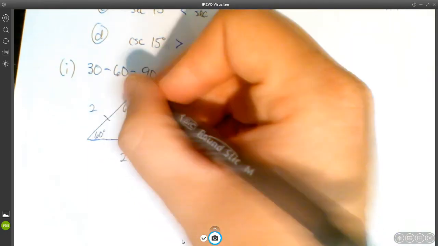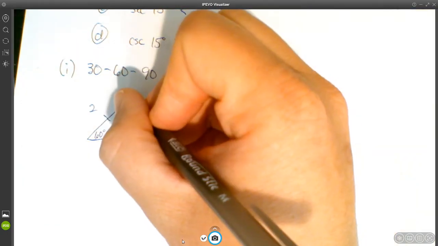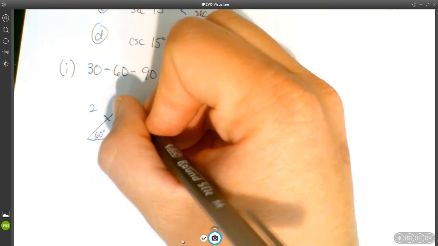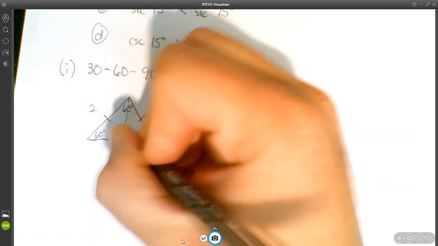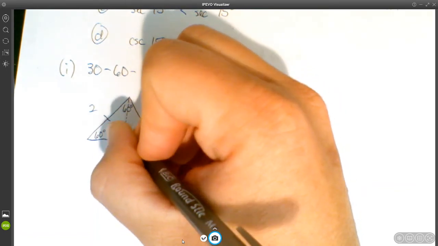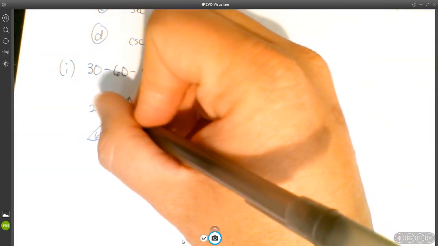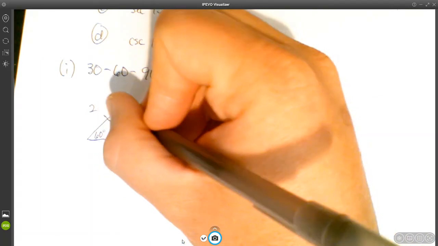Now, I make a 30, 60, 90 triangle out of this by dropping a perpendicular line from here down to its opposite side. So that's perpendicular now. If I do that, then I've bisected this angle so that this is 30 degrees now. This is 30 degrees.